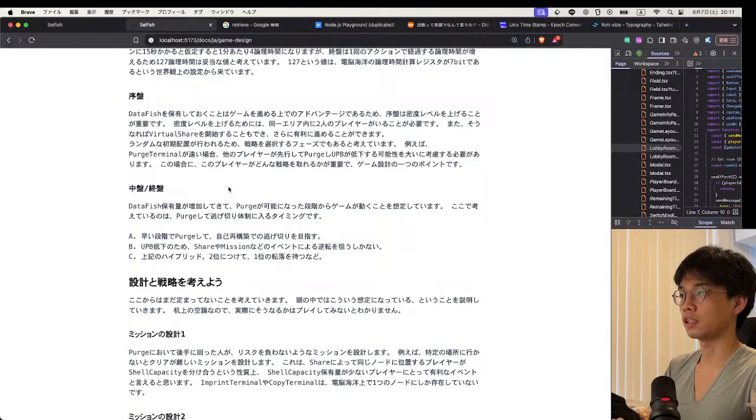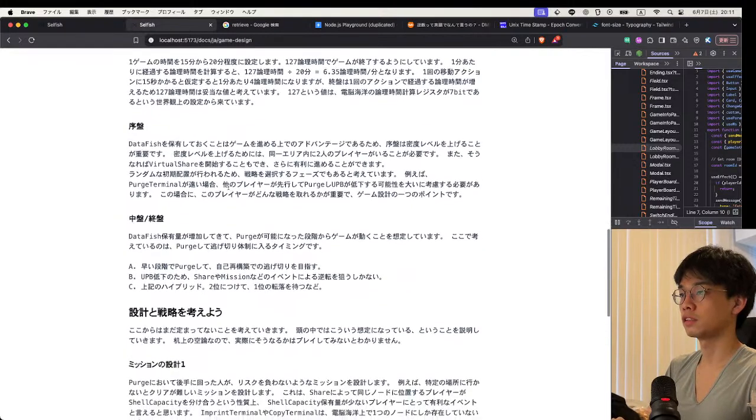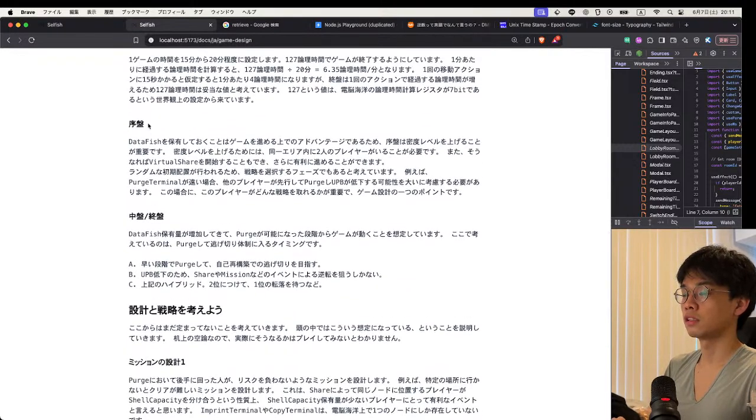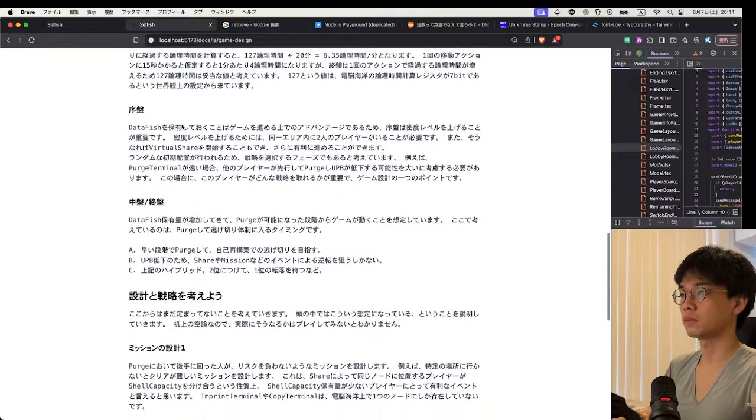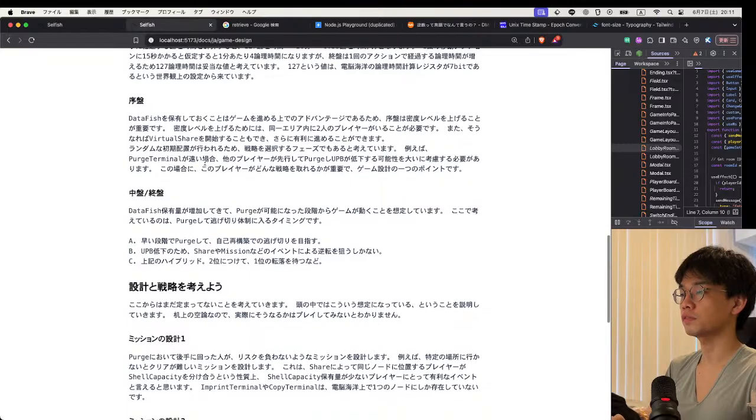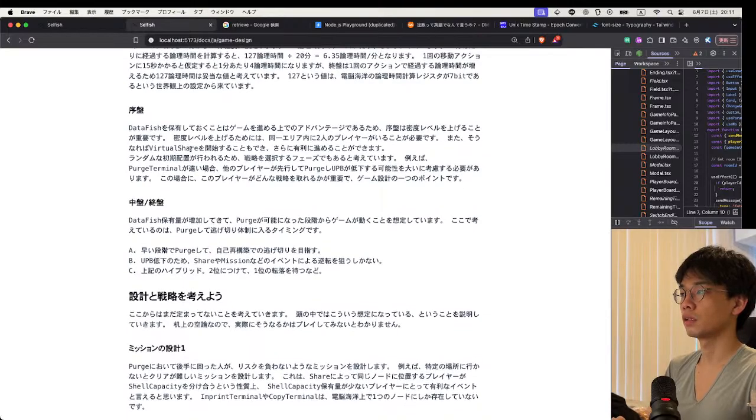Okay, and at the beginning of the game, how is the game going? To take advantage during the game, it's important for players to have a lot of data fish.